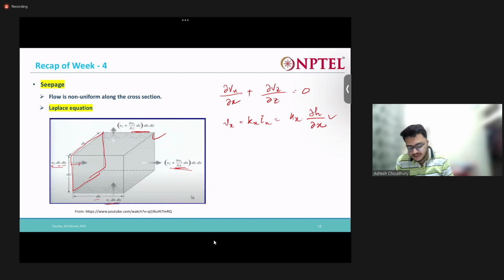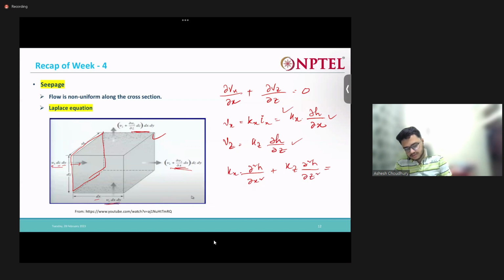Similarly, Vz you can write in a similar fashion: Vz equal to Kz into dou h by dou z. Now if we substitute this into the earlier equation, we will get Kx into dou square h by dou x square plus Kz into dou square h by dou z square equal to 0, right?